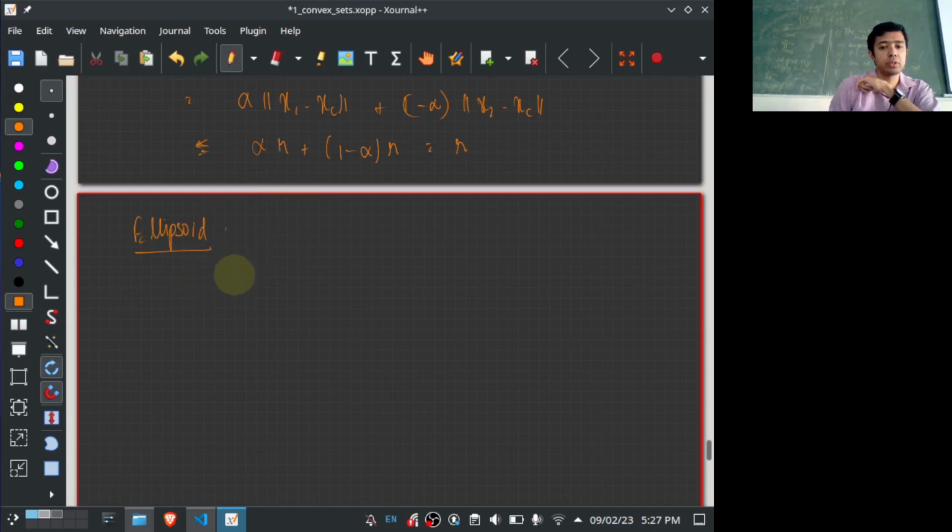You can think of this as the set of all x such that the norm is less than or equal to some bound.